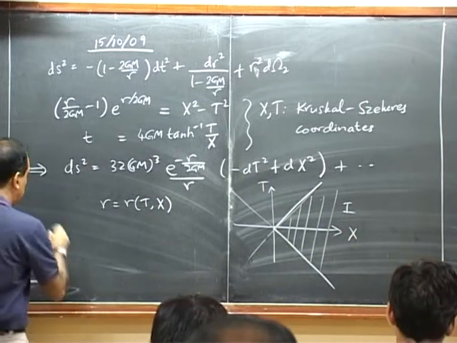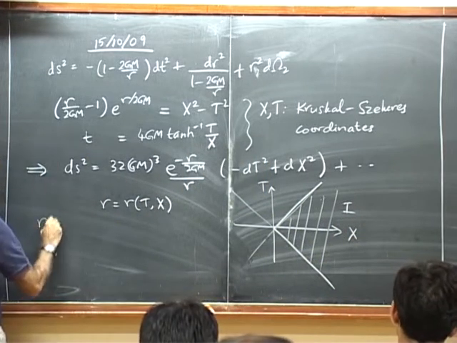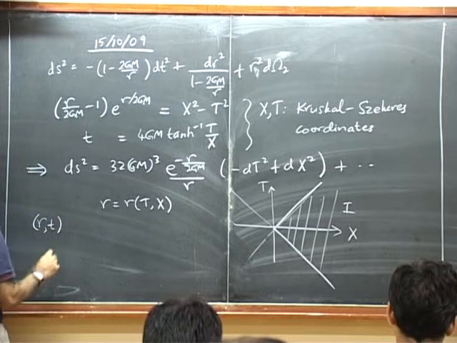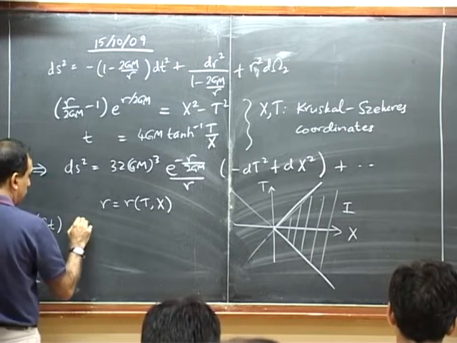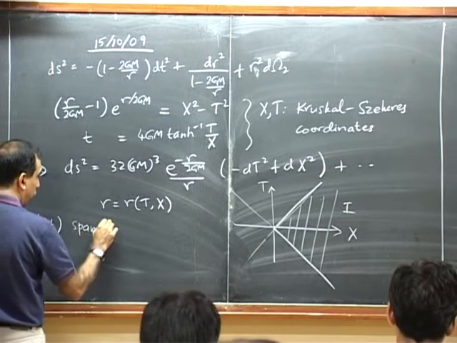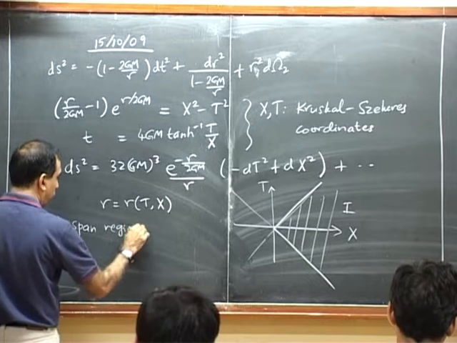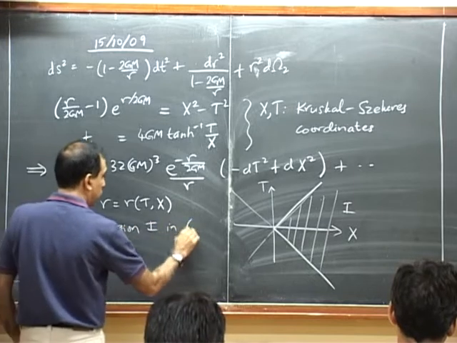So region 1: r and t in the original Schwarzschild coordinates span region 1 in xt coordinates.